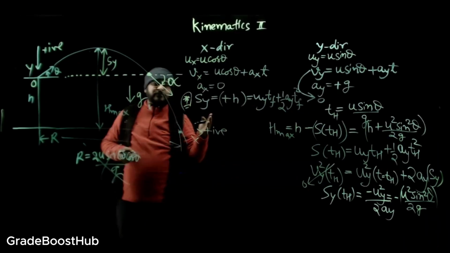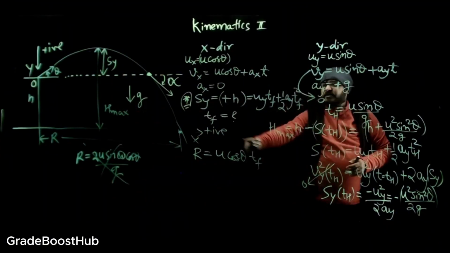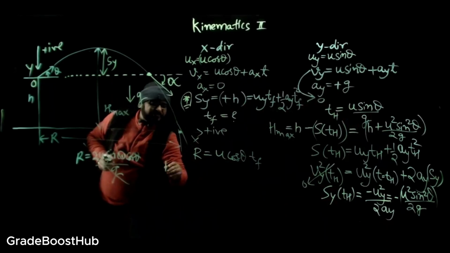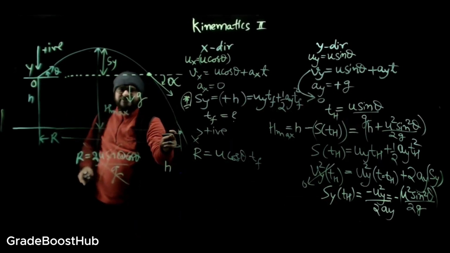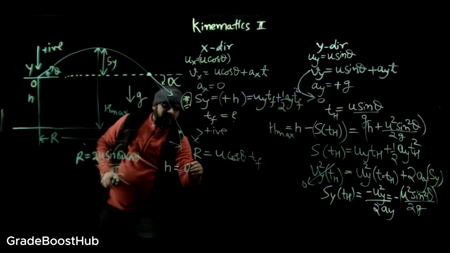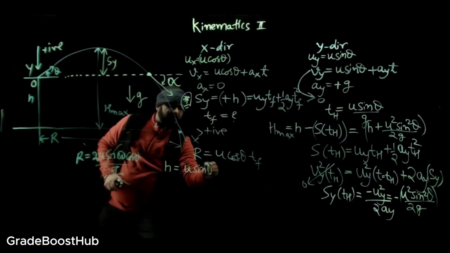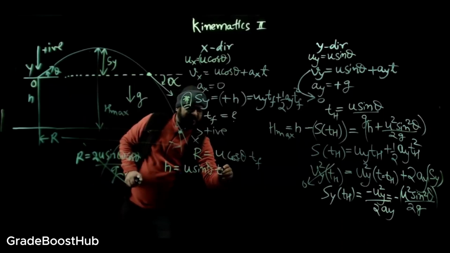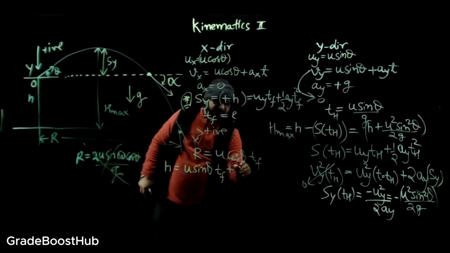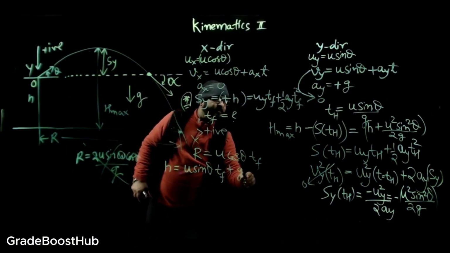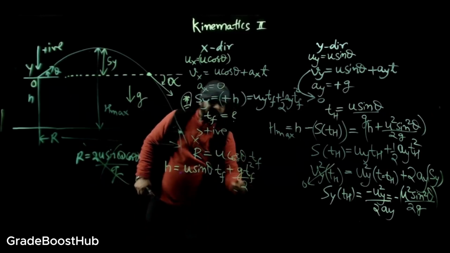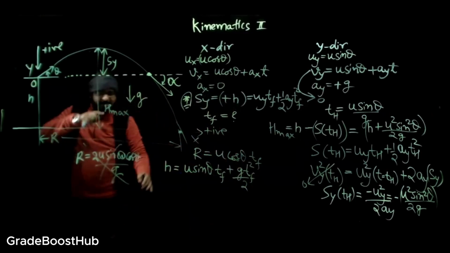This is a quadratic equation. You will get two roots. See, this will give you h, my displacement when it reached at the range. H is equal to u sine theta, time of flight, plus, now everything down is positive, so my g is also positive, g, time of flight square by 2. So I can get time of flight from this.